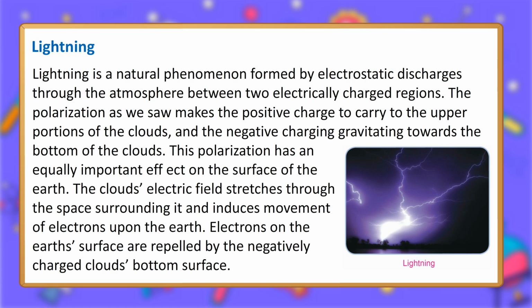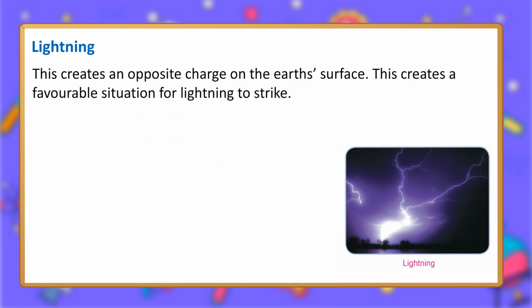The cloud's electric field stretches through the space surrounding it and induces movement of electrons upon the earth. Electrons on the earth's surface are repelled by the negatively charged cloud's bottom surface. This creates an opposite charge on the earth's surface. This creates a favorable situation for lightning to strike.